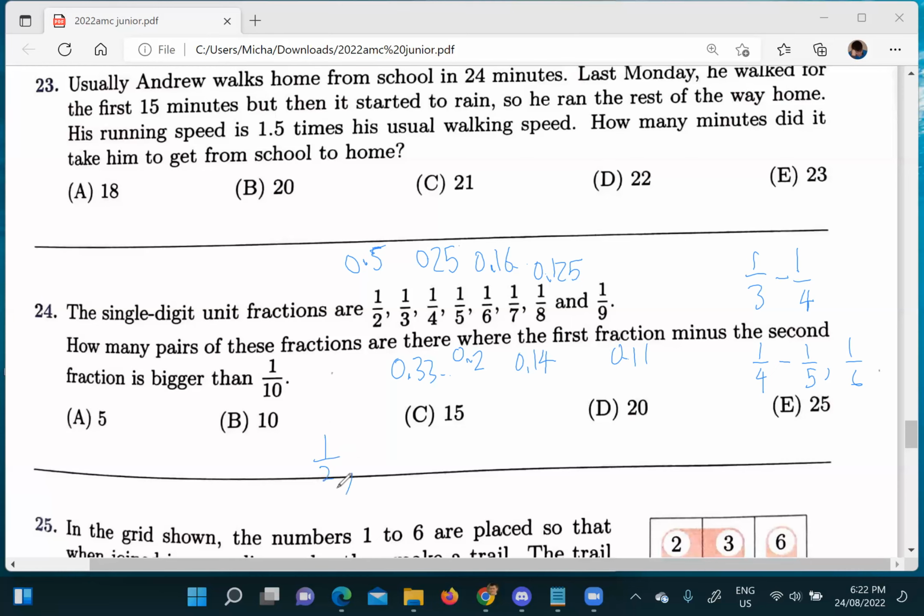So a half with everything, there's 1, 2, 3, 4, 5, 6, 7 things, right? Which is all of it. A third works with everything except for a quarter, so a third works with 5 things, yeah? Wait, I have a question. Yes? Is it allowed to minus itself? No. I mean, even if it was, it's not bigger than a tenth, right?